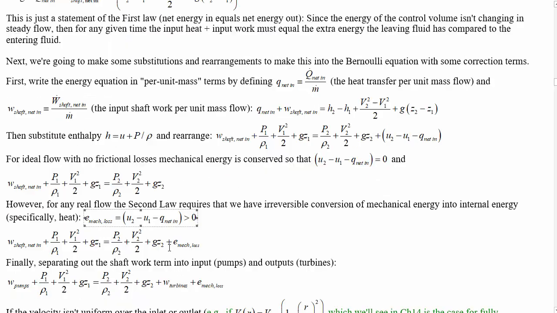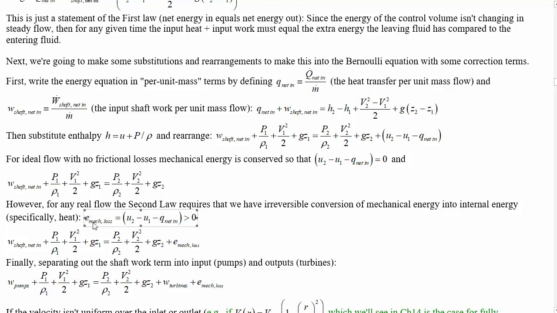So if we have heat flowing in, but it doesn't account for the increase in the internal energy of the leaving fluid compared to the entering fluid, then there must have been extra energy going into the internal energy that wasn't from the net heat flowing in, which means it came from mechanical losses. So this whole term here encompasses the mechanical losses.